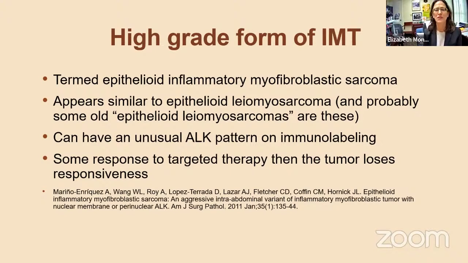Yours truly has misdiagnosed these as epithelioid leiomyosarcoma in the past because they tend to have pretty strong desmin expression. And they can have really weird ALK immunolabeling. These do respond to the same targeted therapy, but unfortunately the patient has a honeymoon and then the response stops and eventually these kill the patient.